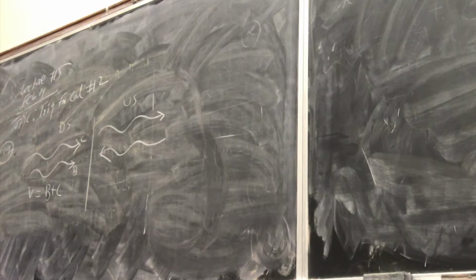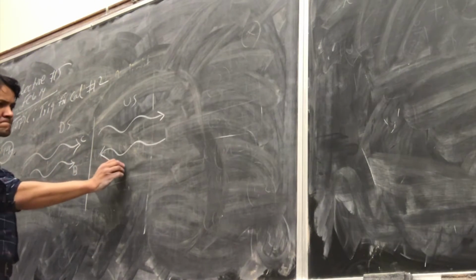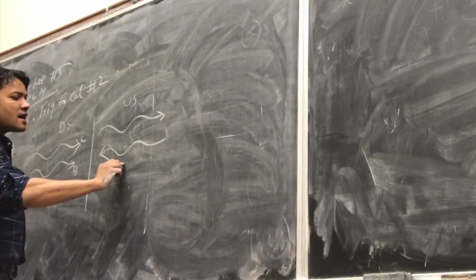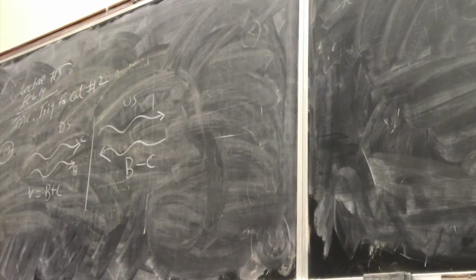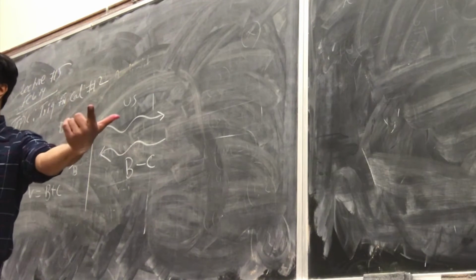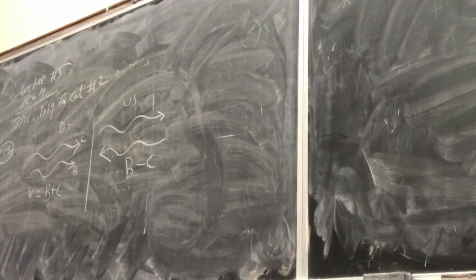So we can say B minus C. B has to be at the beginning because B is the one that has to overcome the velocity of the water. Okay, so B is always bigger than C, at least a little bit.